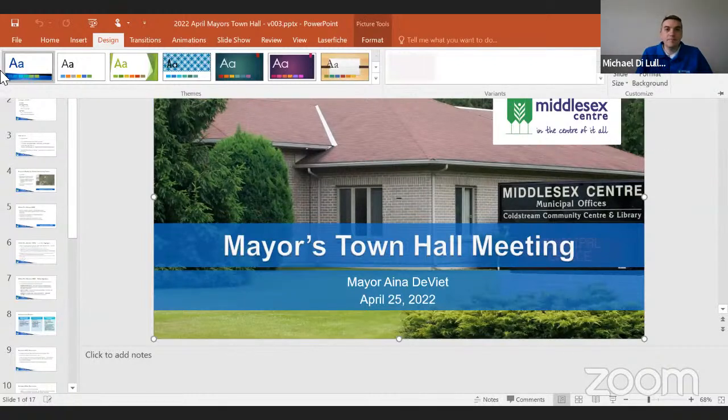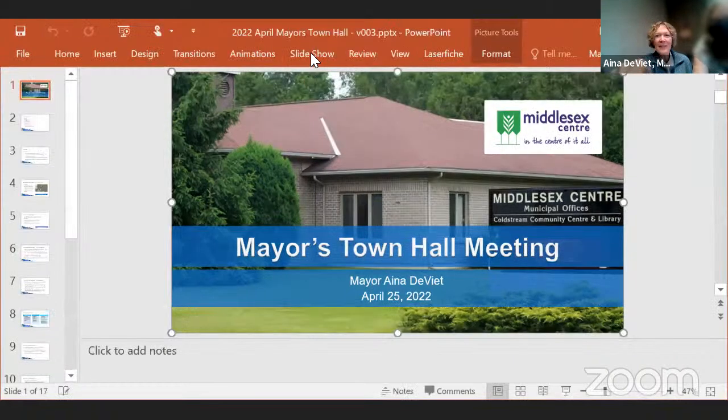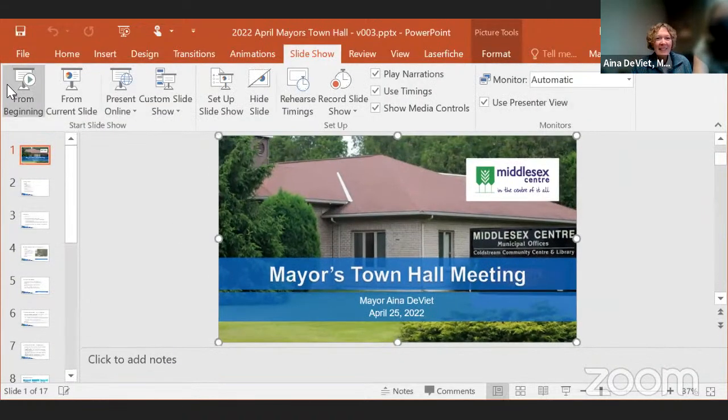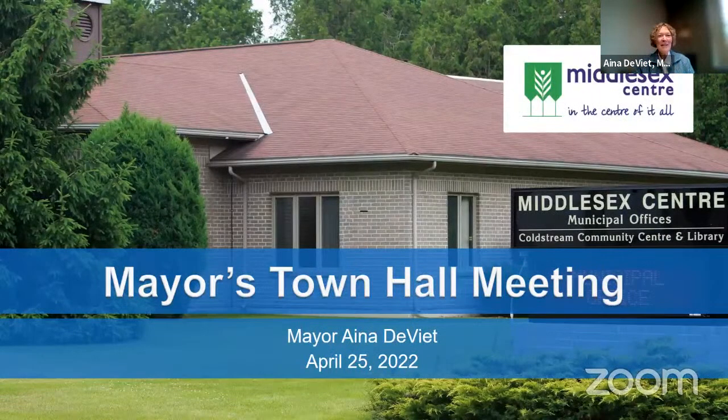Nope, it's under the slideshow. I can see file, home, insert, but I can't see slideshow. Can I move this down somehow so that it shows? There, right there. How'd you make it smaller? Doesn't matter. Oh, okay. Alrighty.